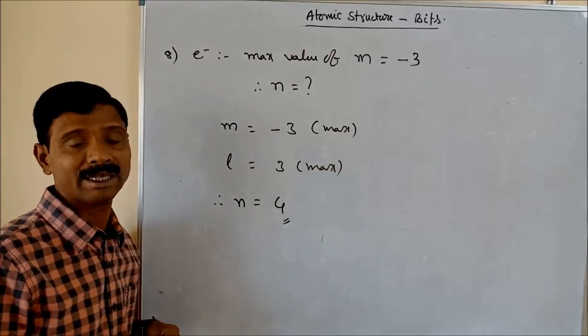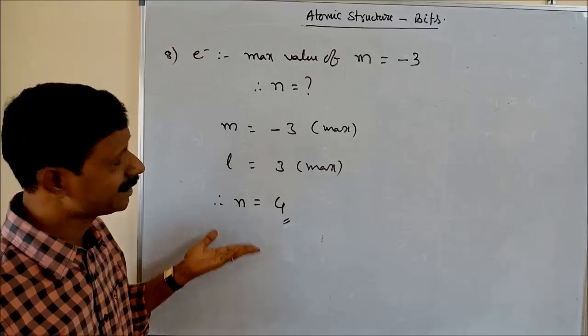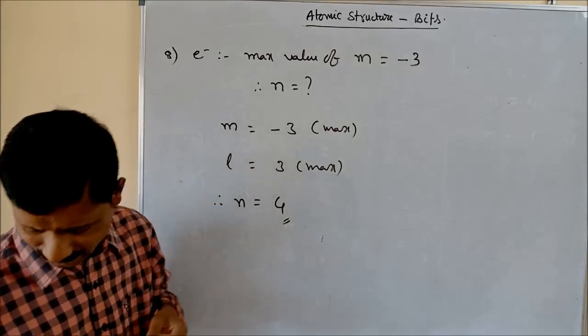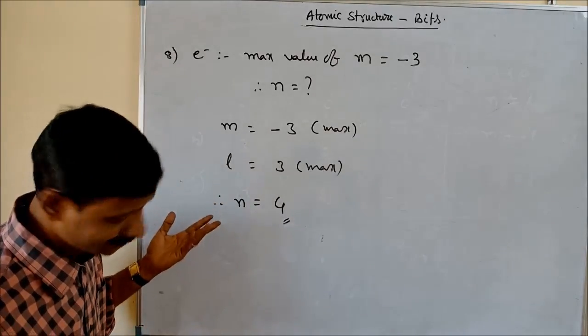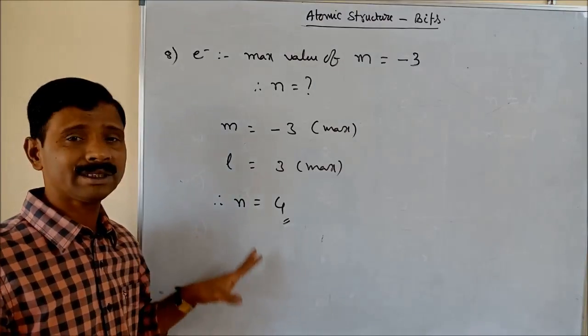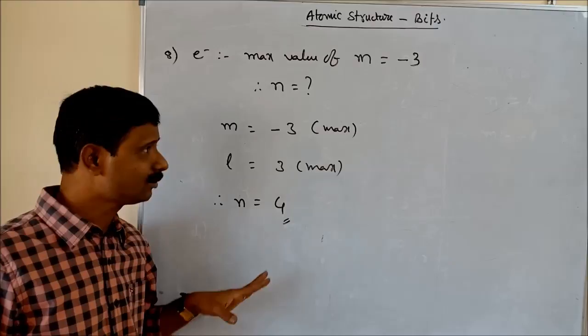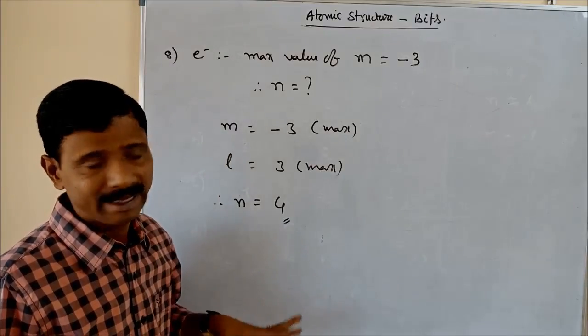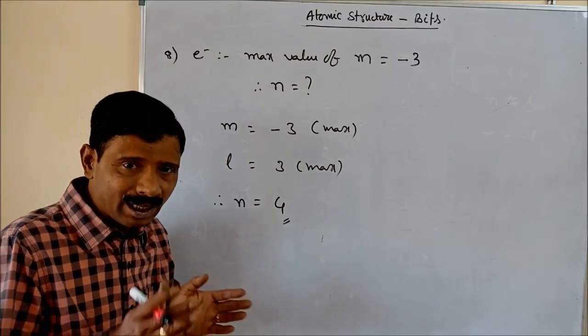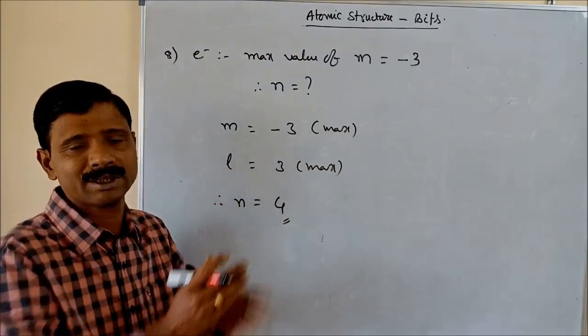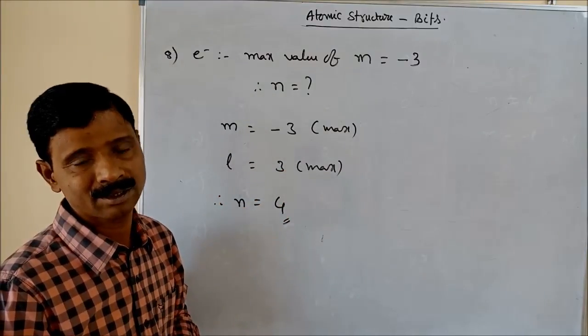Means that electron is present in the 4th orbit. So in this way, here we are going to analyze the different models. These are all the trial bits I am giving. So try to understand the concepts and how to approach that particular bit.